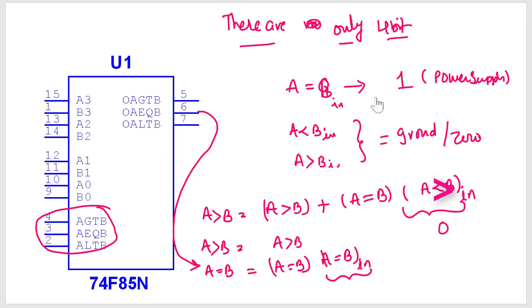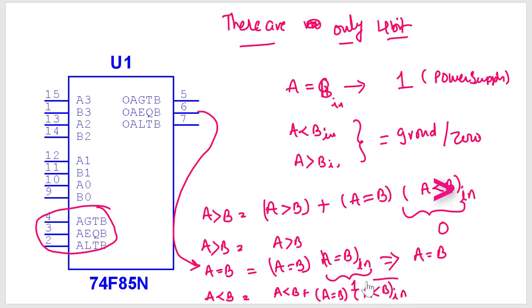I am taking the cascading input as 1. Then this is 1, and it becomes A equals to B. That means your A equals to B output is equivalent to A equals to B. Similarly, A less than B output is A less than B plus A equals to B into A less than B in.